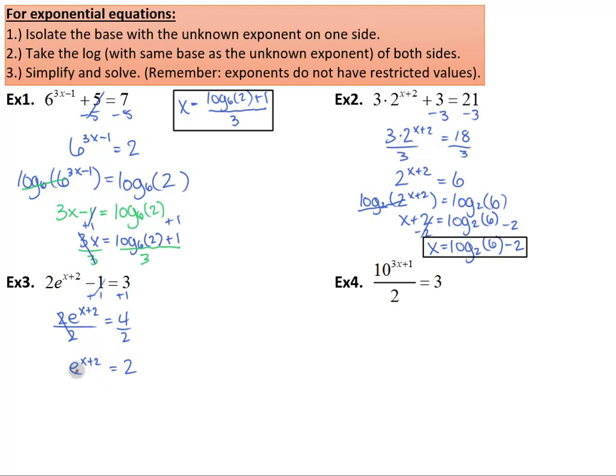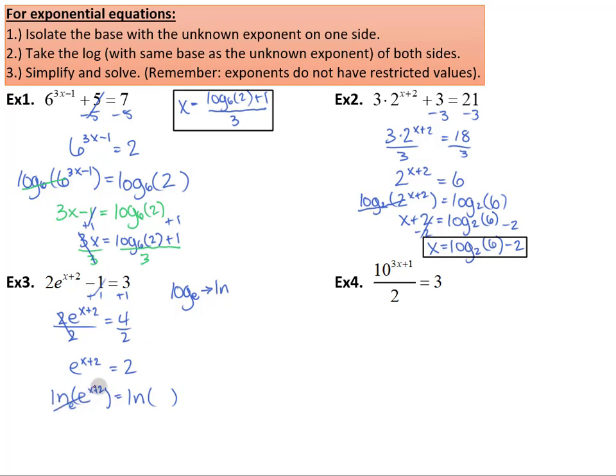Now remember here, if my base is e, I want to take log base e of both sides. Well, remember, log base e is the natural log. So we're really going to take the natural log of both sides. That is the same as log base e. So e to the x plus 2. And you can even just kind of write it in there if that helps you remember.